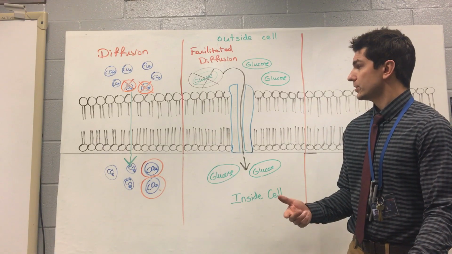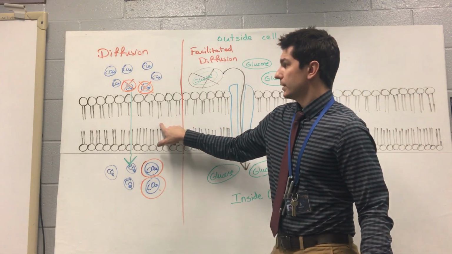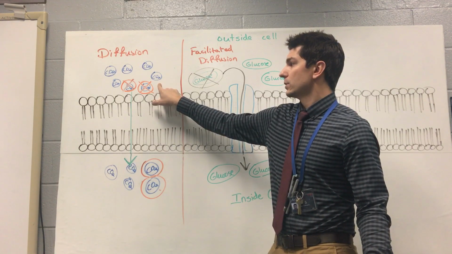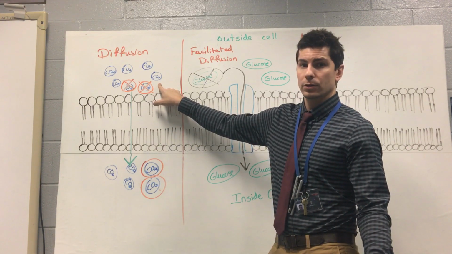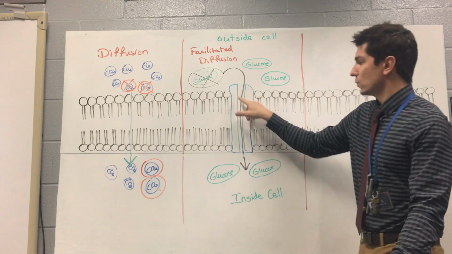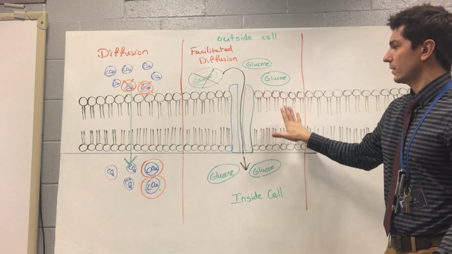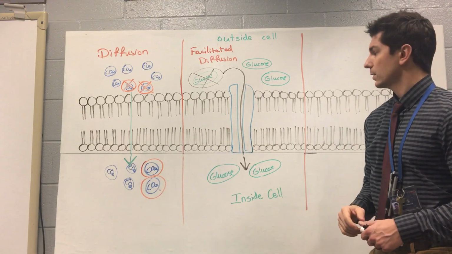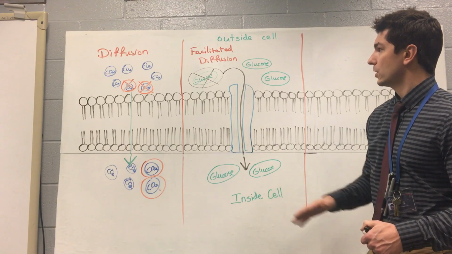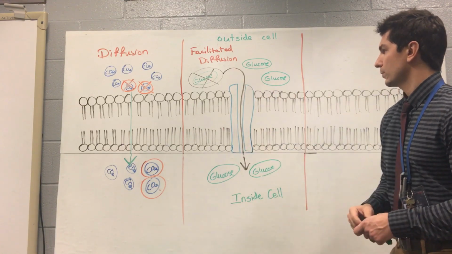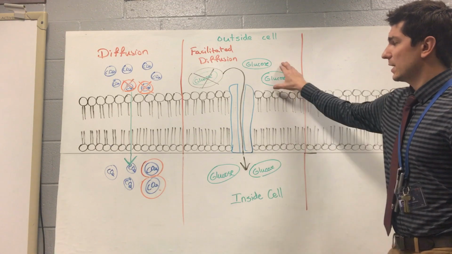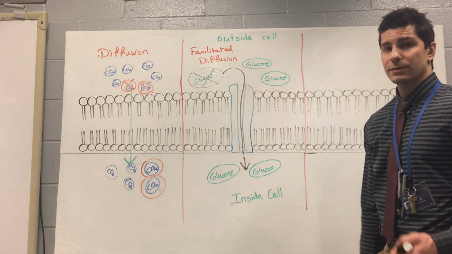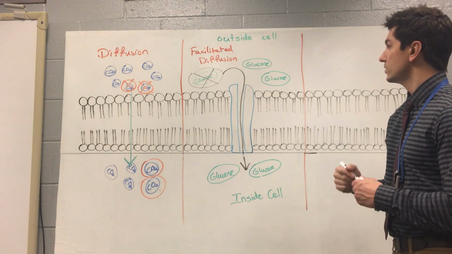The only real difference is this one is going to move through the phospholipid bilayer because these are nice, small, nonpolar molecules. But this one, since glucose is much bigger, is going to have to move through a channel protein. So facilitated diffusion goes right through a channel protein. Along with these large polar molecules, facilitated diffusion is also going to move ions.